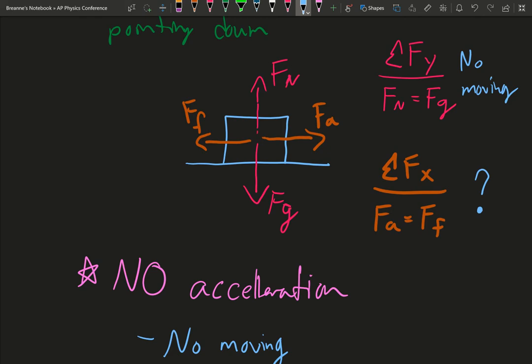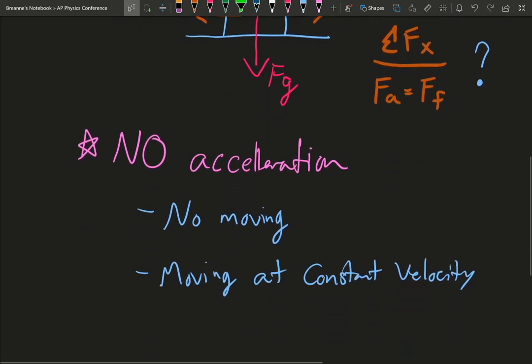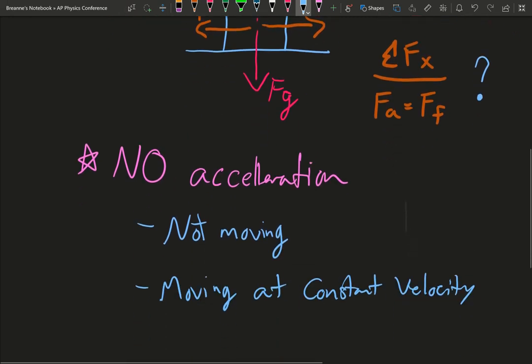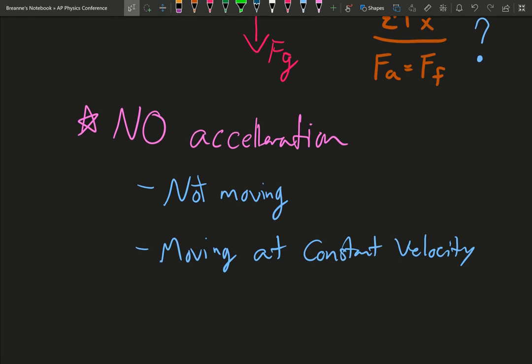That would be an appropriate answer, because you don't have enough information to say definitively which one it is. Now, we know it's one or the other, because no acceleration means it's either not moving, or it's moving at constant velocity.